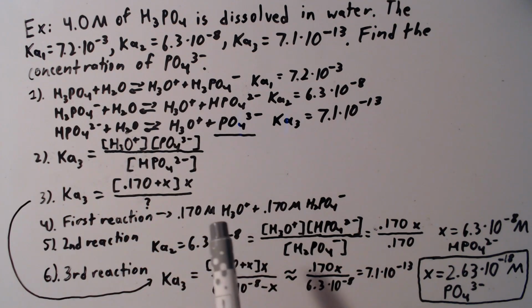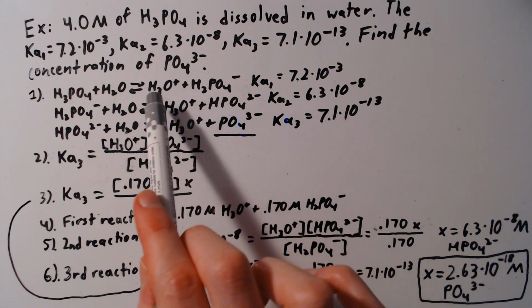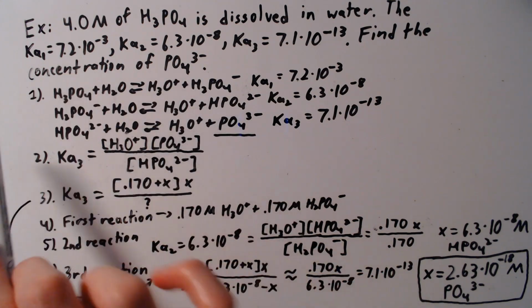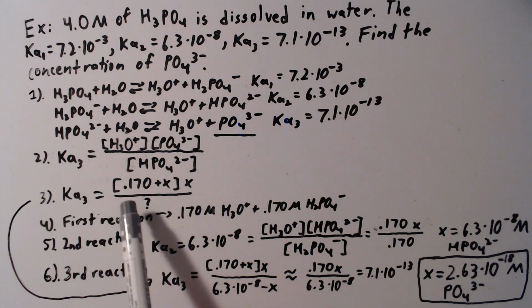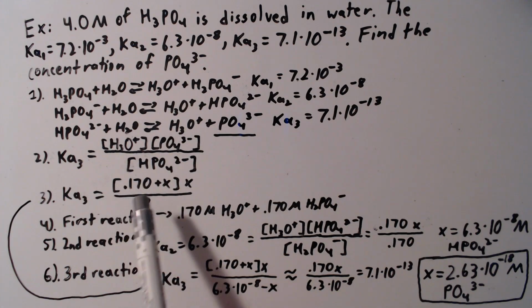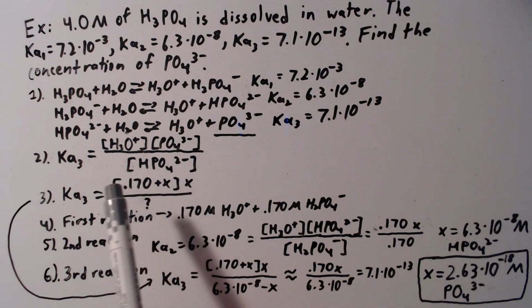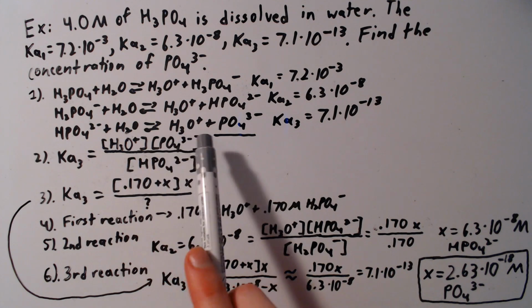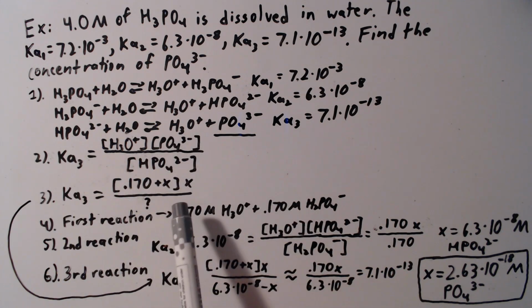So essentially we can use the H3O+ concentration we calculated from the first problem and plug it in here, and that was 0.170 molar. And that will be our initial H3O+ concentration before this reaction goes through.